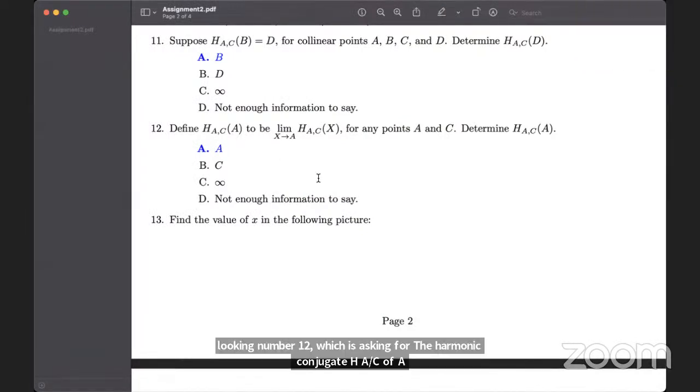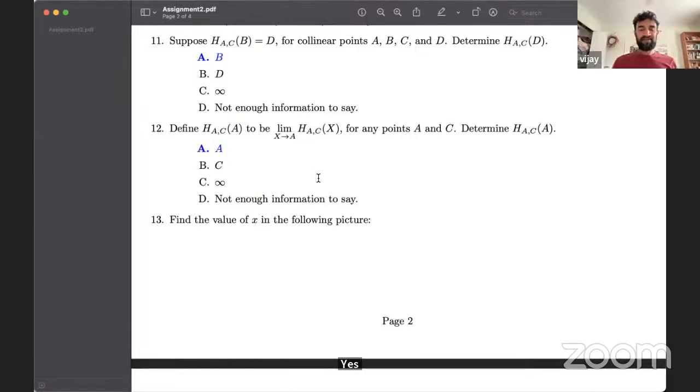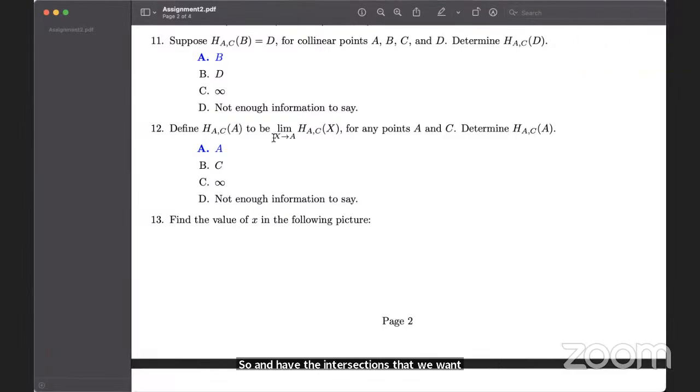Yes. Basically the construction we used to draw the harmonic conjugate doesn't really make sense when we take HAC of A, because we can't draw all the lines that we need and have the intersections that we want. So that's why we use this limiting construction.